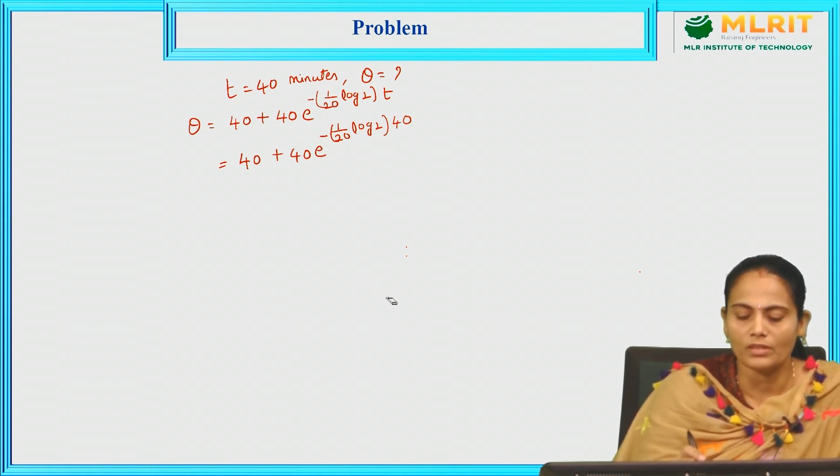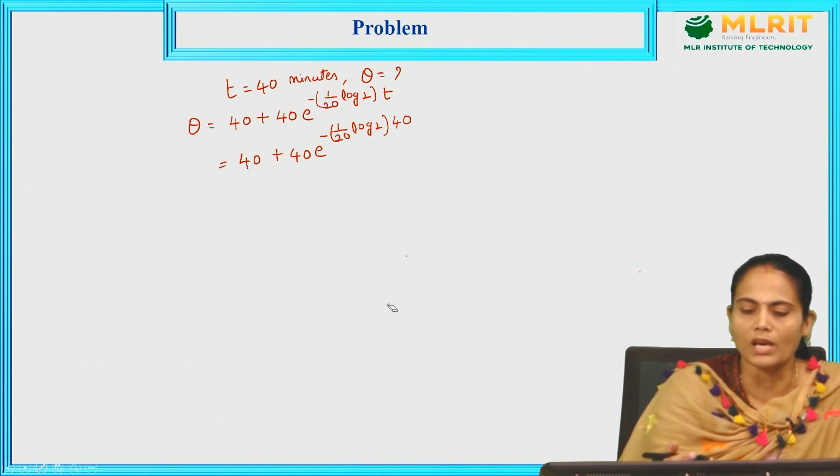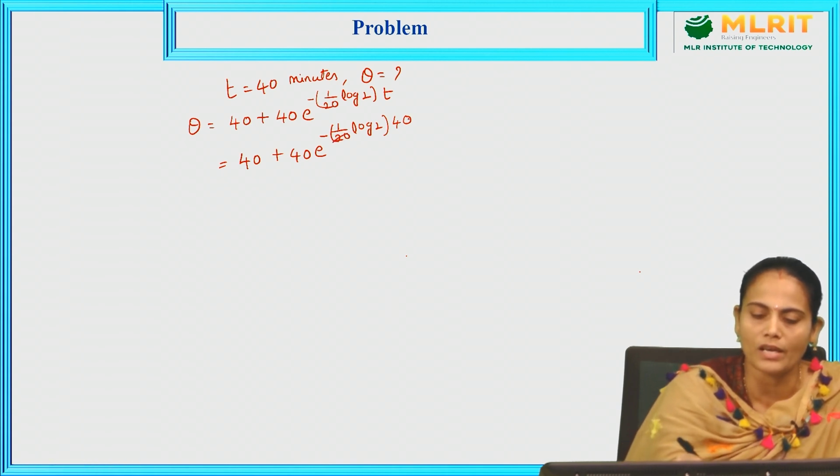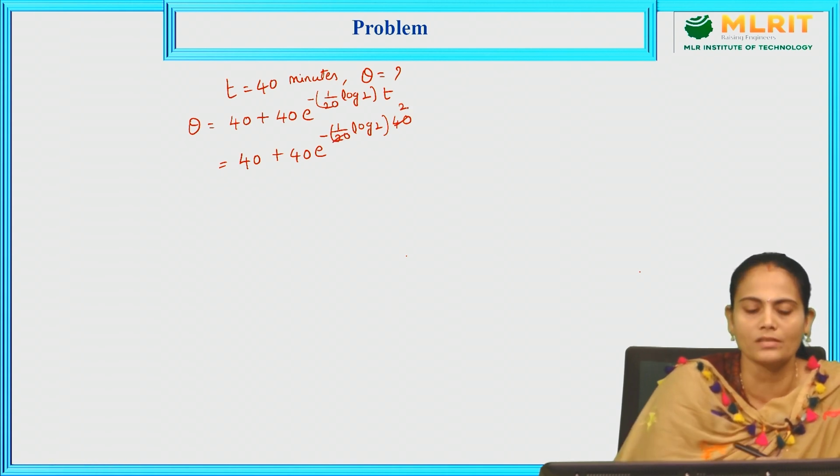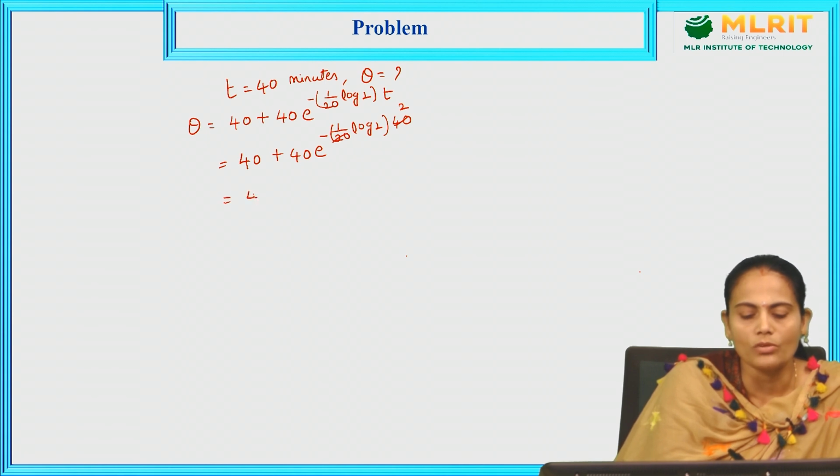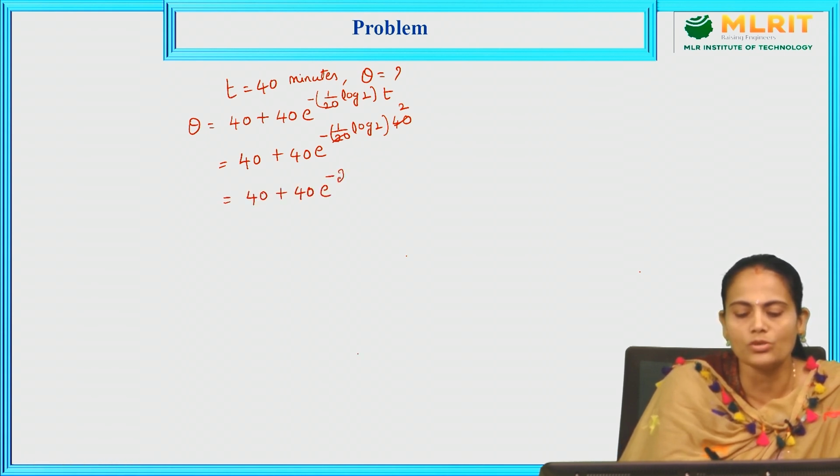So now cancel with this 2 times. So this is 20 and here the 40 is 2 times, it's cancelled. So this is equal to 40 plus 40 into e power minus 2 log 2.